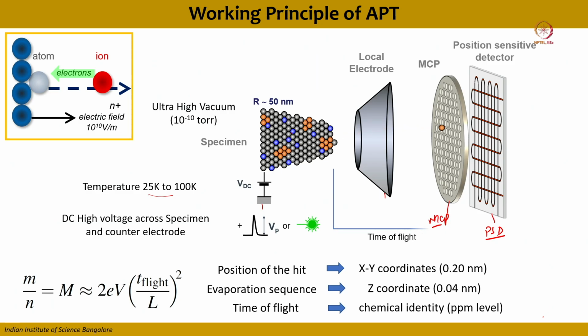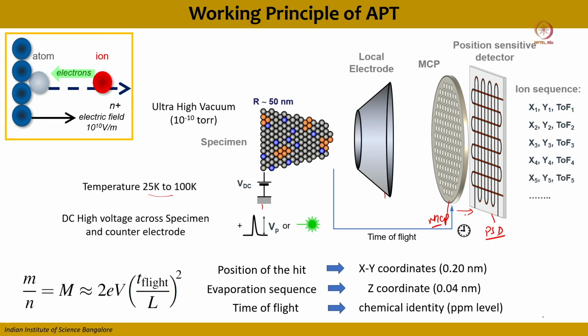They travel through the local electrode and go to the MCP plate. The MCP plate, the multi-channel plate, converts the ions hitting the charged glass tubes into a number of electrons. These electrons from the MCP plate are biased with respect to the position sensitive detector, and they hit the delay line detectors.